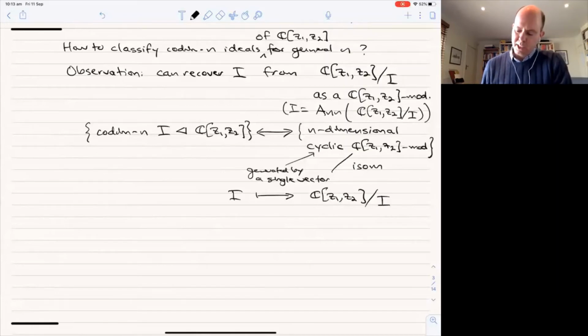Now, if you think of it in these more representation theoretic terms, where you're classifying a particular kind of module over this ring up to isomorphism, then you sort of know what to do. It's a very familiar thing in this sort of classification to fix the underlying vector space.